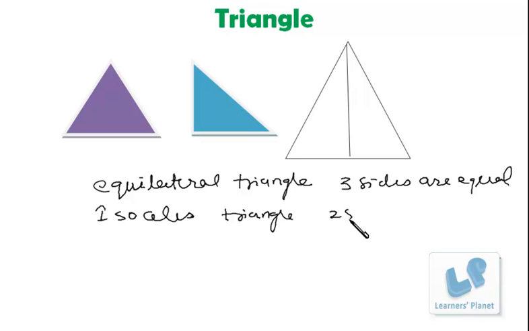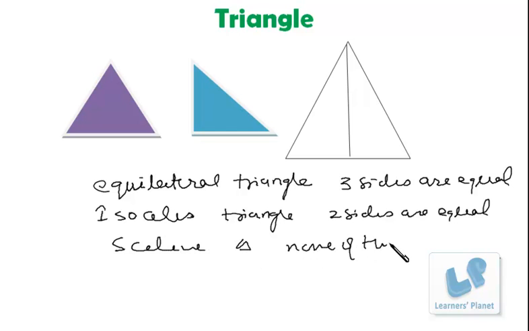And the third one is a scalene triangle, if none of the sides are equal. So these are the three types of triangles: equilateral, isosceles, and scalene.